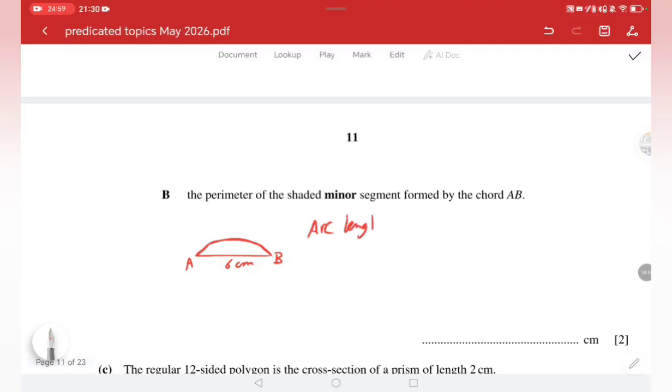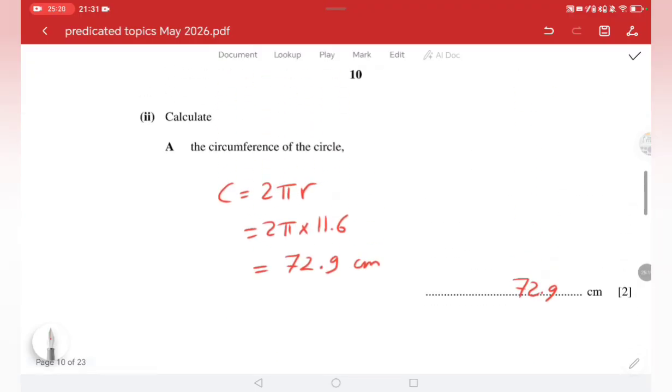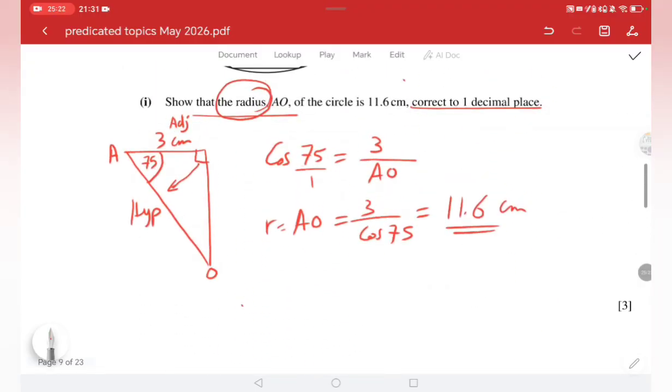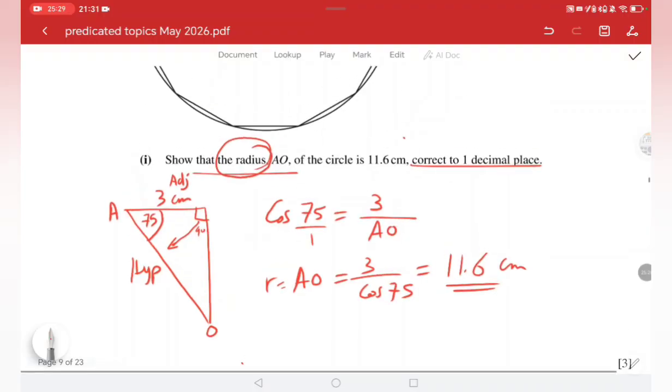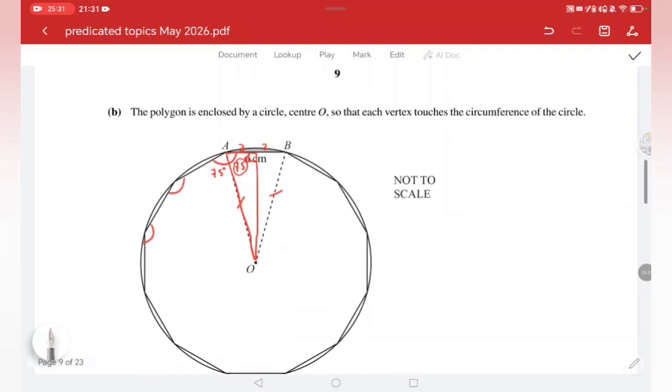The arc length of this AB equals 2 pi r times theta over 360. So 2 pi times 11.6 times the angle. Let's go back. Actually the arc length is for this sector, look.